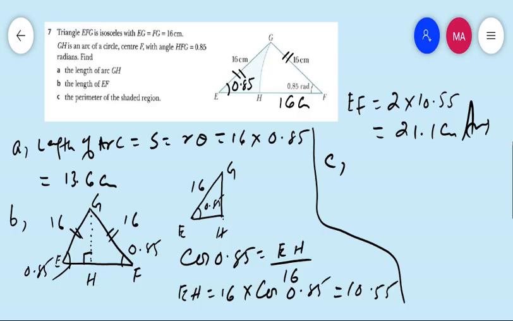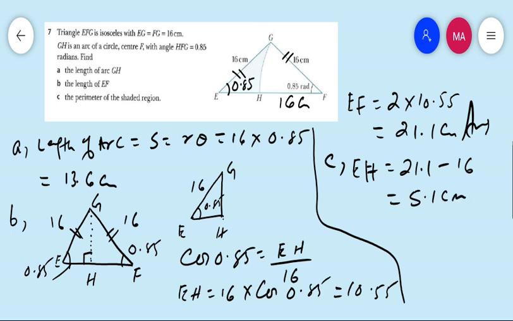Very easy. This is 16. Now we have to find the length of EH. EH must be equal to total 21.1 minus 16. It's 5.1.